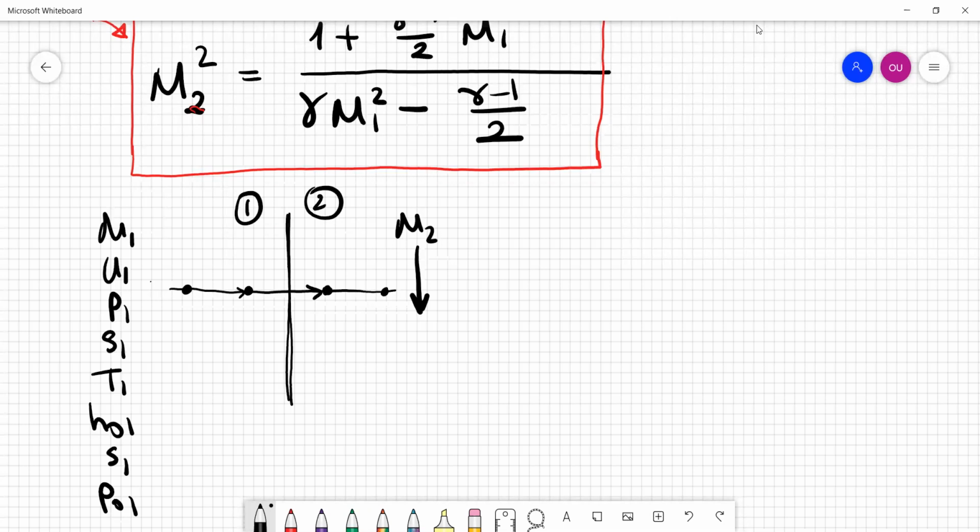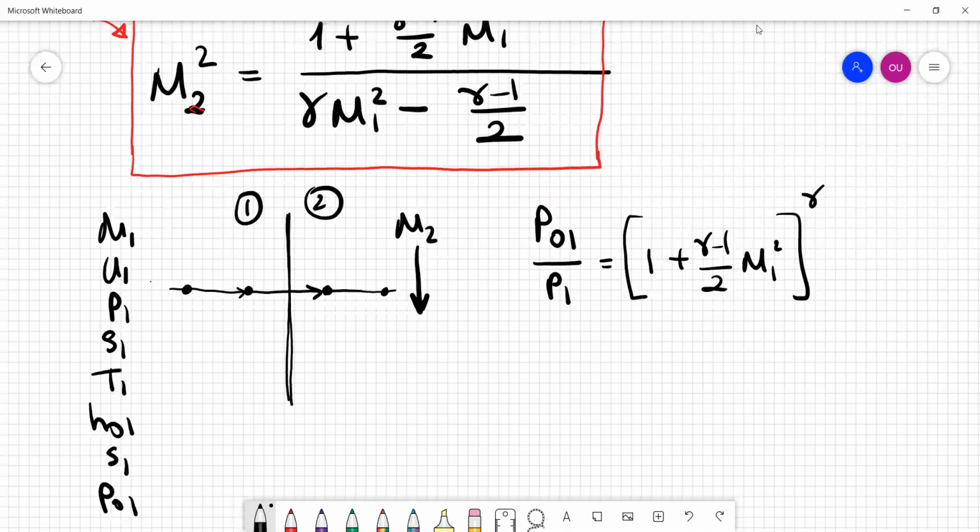Isentropically, I know that I can relate stagnation pressure at 1 to static pressure at 1 through Mach 1. So I know that this is 1 plus (gamma minus 1) over 2 times M1 squared, to the power gamma over gamma minus 1. I can do that because everything before the shock wave can be considered isentropic.